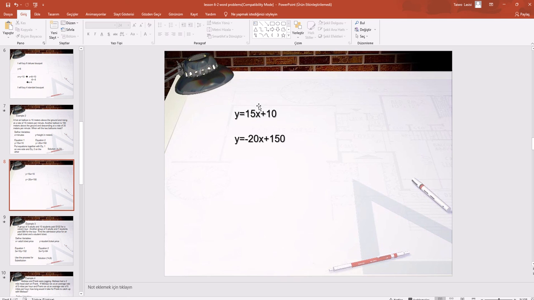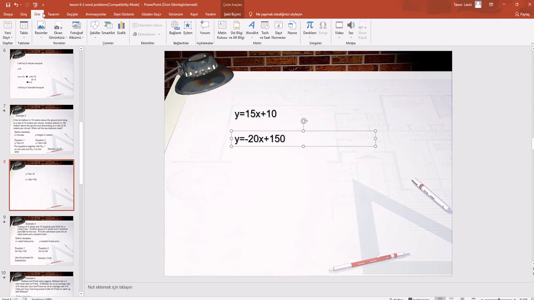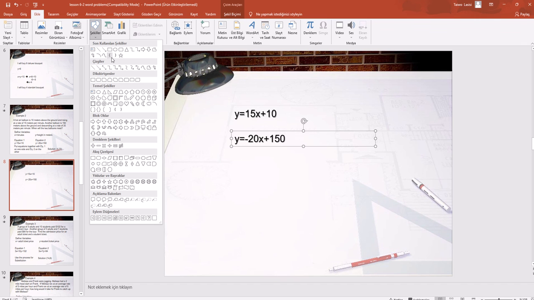So 15x plus 10 is equal to minus 20x plus 150. That's the first way, right? Or if I think of them as equalities, I can put a minus here and multiply both sides of this equation by minus 1. Let us do this one because we were used to doing that one.